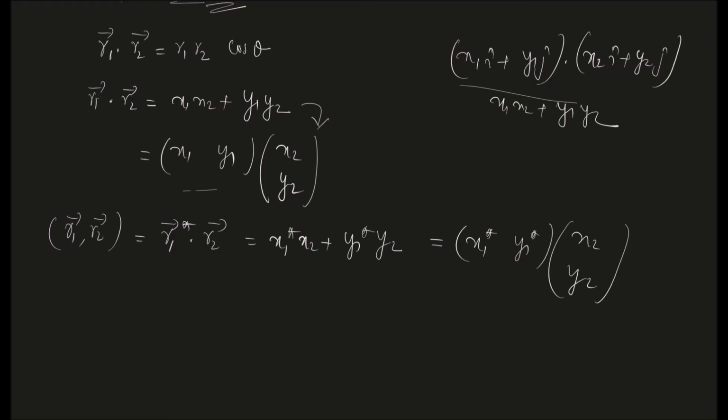So once the vectors are represented properly by row and column vectors, the rules of matrix algebra can be used. So there is some deeper significance in this form of notation. Corresponding to any vector r represented by a column vector, there corresponds another vector r star, known as the dual, represented by a row vector.